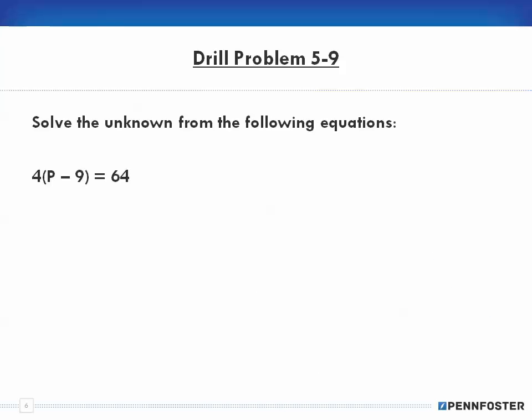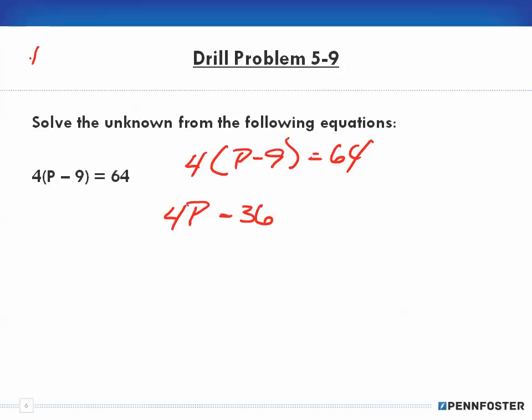Okay, here we go. 4 times the quantity p minus 9 is equal to 64. I have to multiply the 4 times what's inside the quantity into each factor. So 4 times p is 4p, and then a positive 4 times a negative 9 is a negative 36.